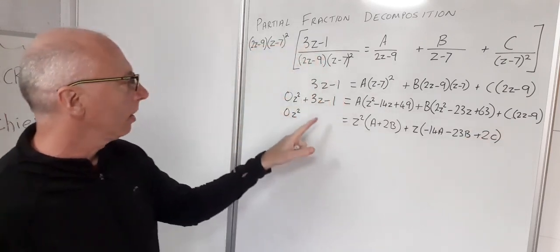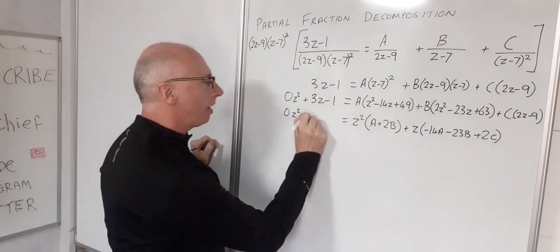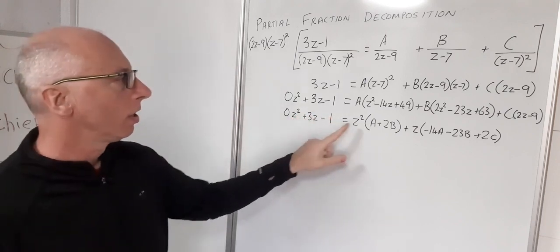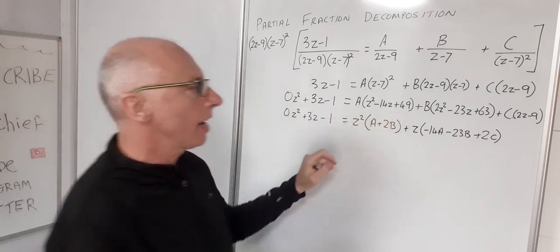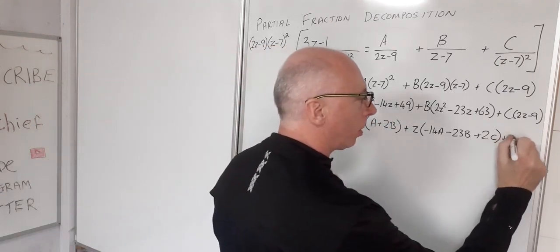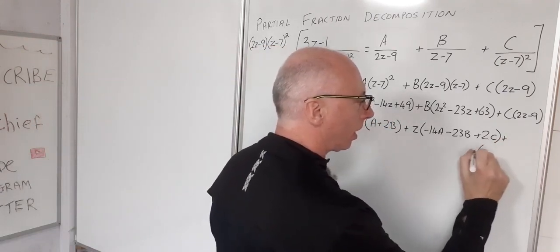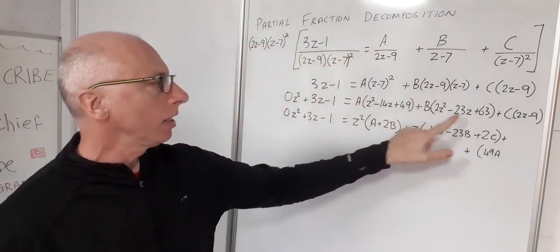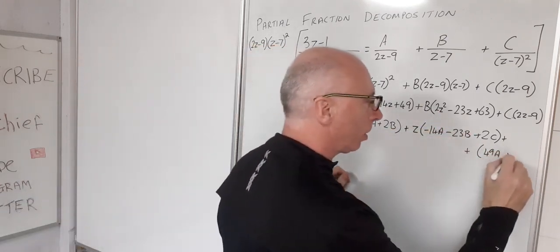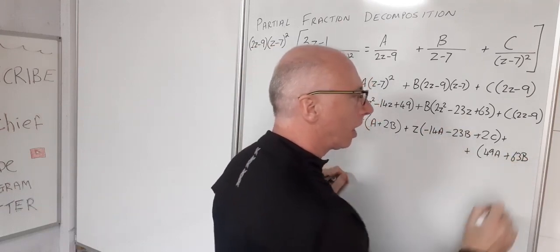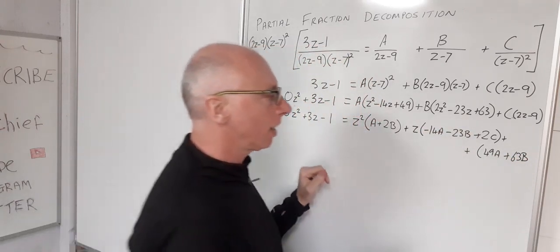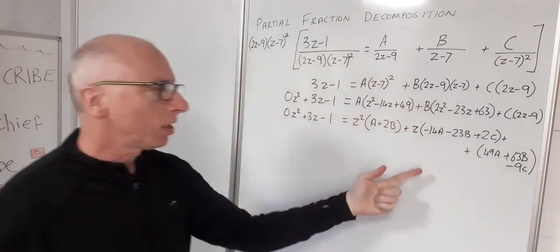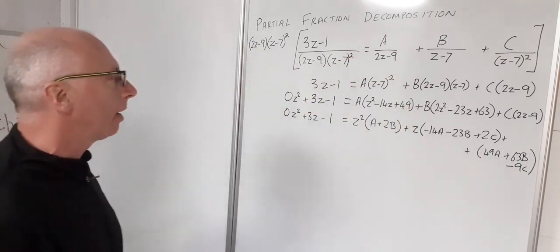And then my corresponding coefficient for my constant minus 1, I'm going to have 49a, plus 63b, and minus 9c. Okay, so we can see what's going on there. I'm just going to leave it like that for now.